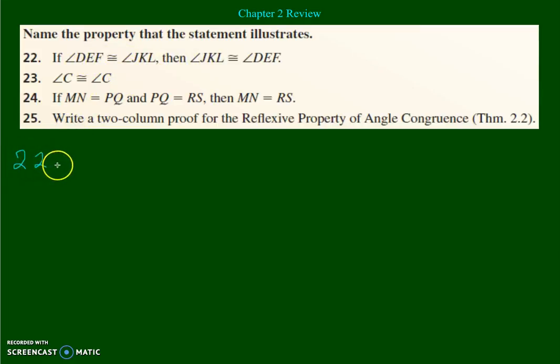So for 22, we have symmetric property of angle congruence. I don't like to write the whole thing out because it takes forever and I'm kind of lazy. So property of angle congruence.